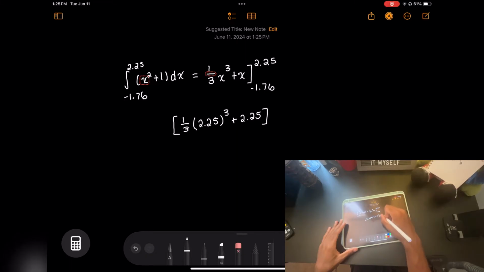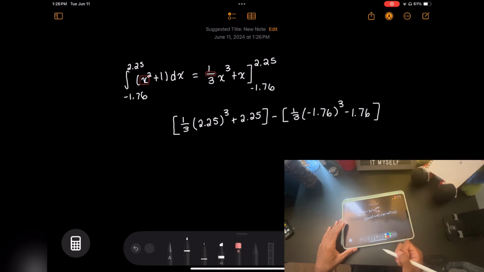Then we're going to do minus, putting the bottom limit here, 1/3 negative 1.76 to the 3rd power, and it's going to be plus and minus, so I'm just going to write minus 1.76.